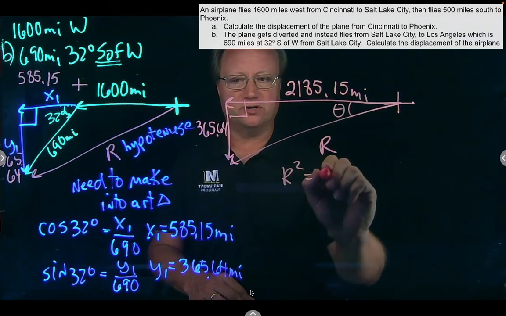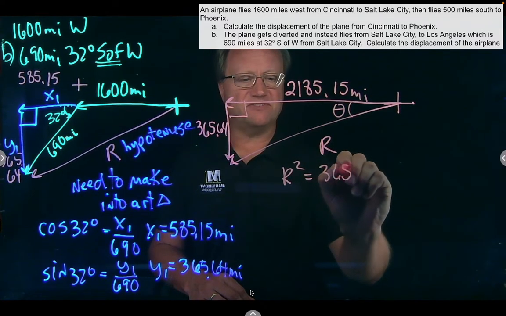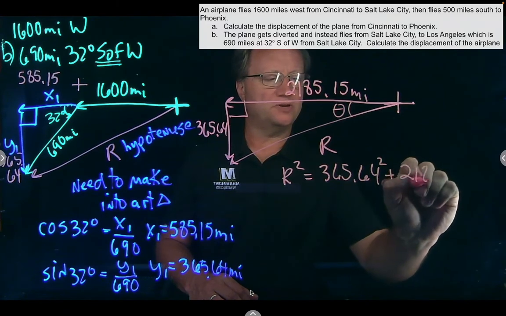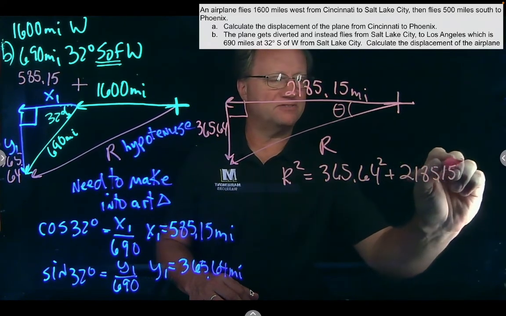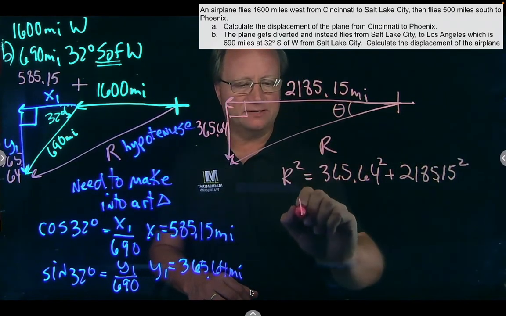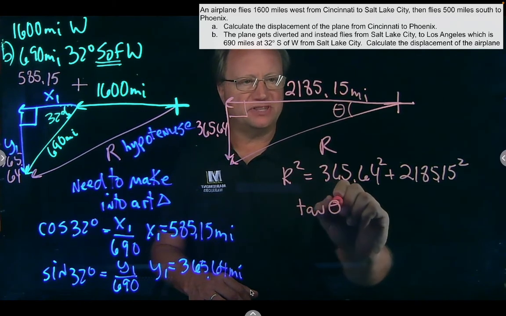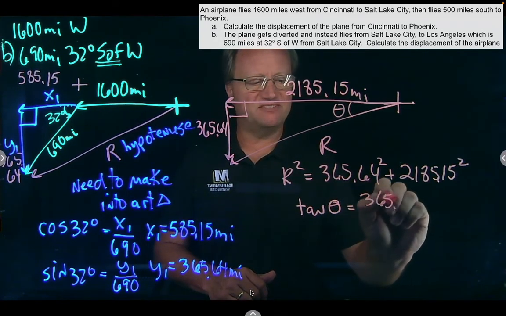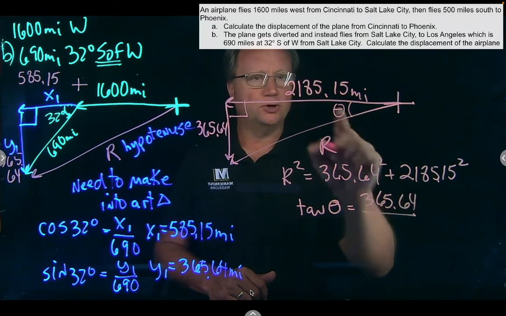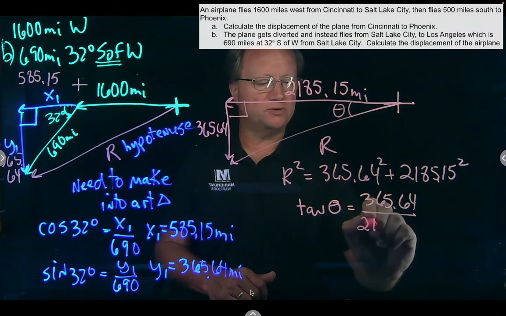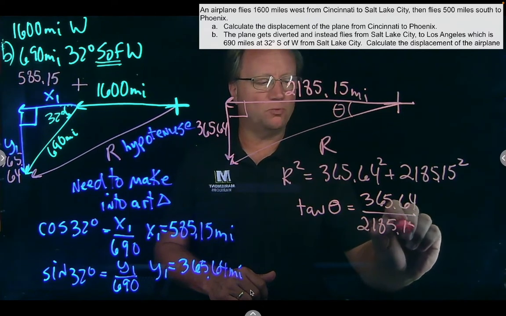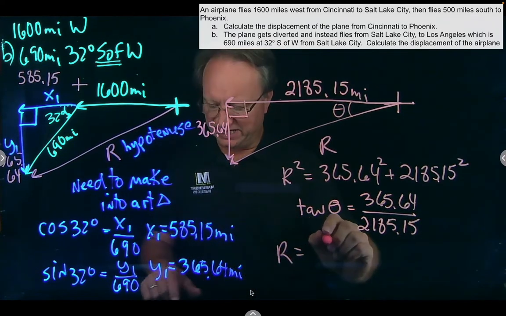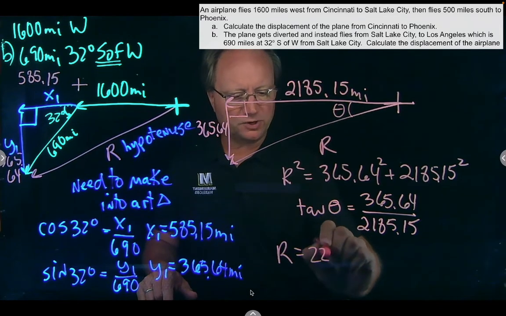So r squared is equal to 365.64 squared plus 2185.15 squared, and then tangent theta is equal to opposite 365.64 over adjacent 2185.15.